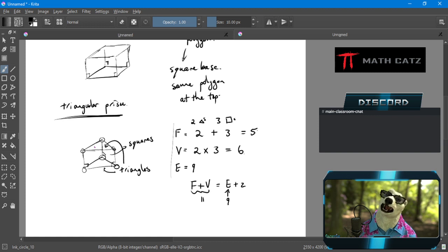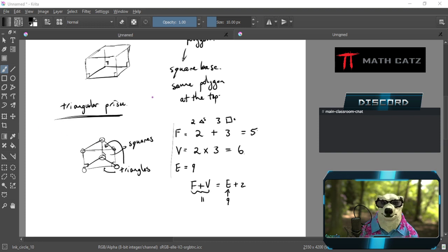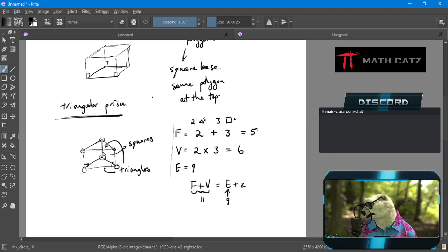It's a different kind of polyhedron, still semi-regular. So I need to understand what is the key feature of the prism to be able to calculate the faces, vertices, edges. The type of polygon that is the base of the prism is in the name, and everything is connected to that.